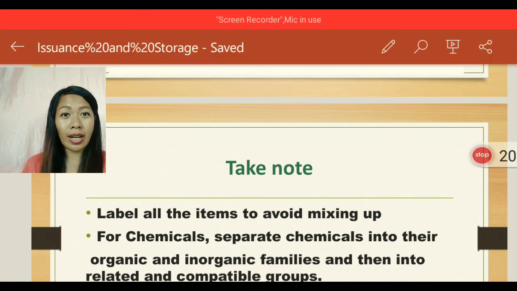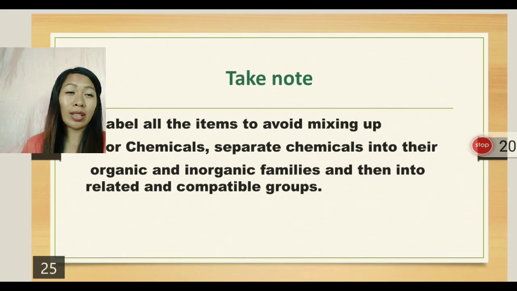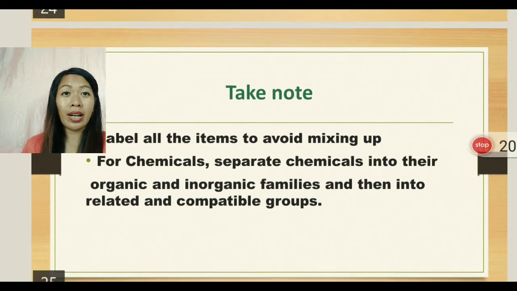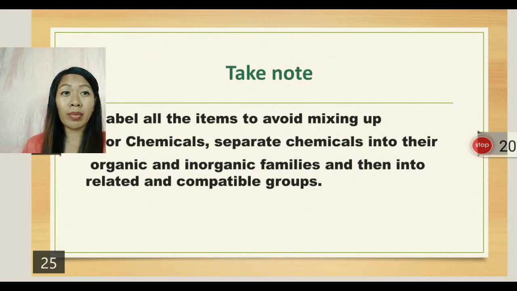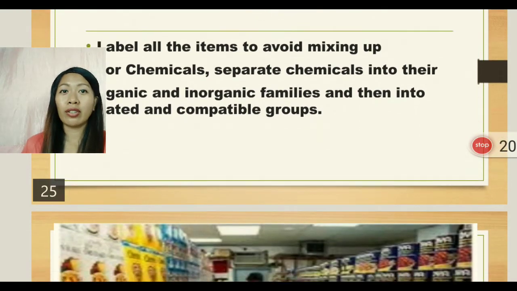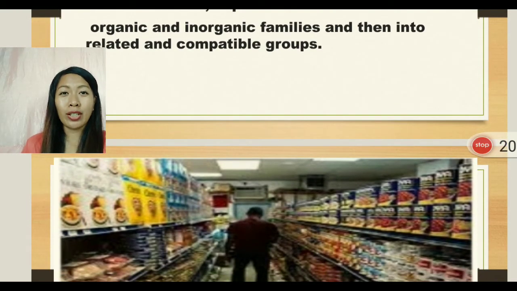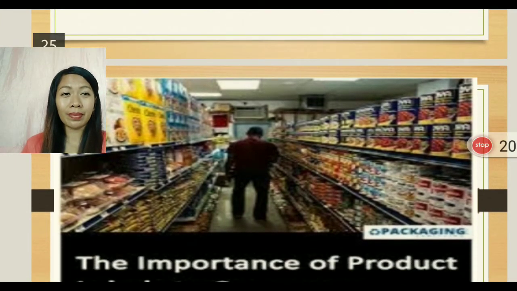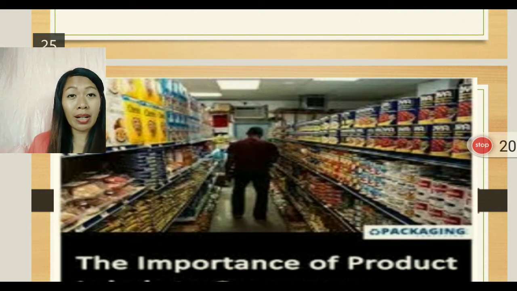Take note, again, label all these items to avoid mixing up. And for chemicals, separate them into their organic and inorganic families, and then into interrelated and compatible groups. So why do we need to label the equipment, tools, chemicals?